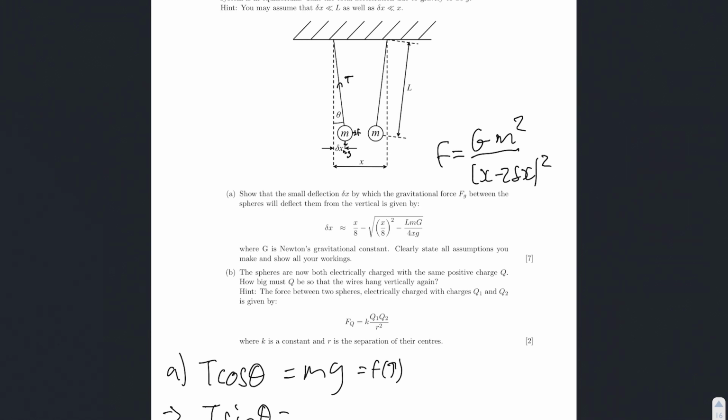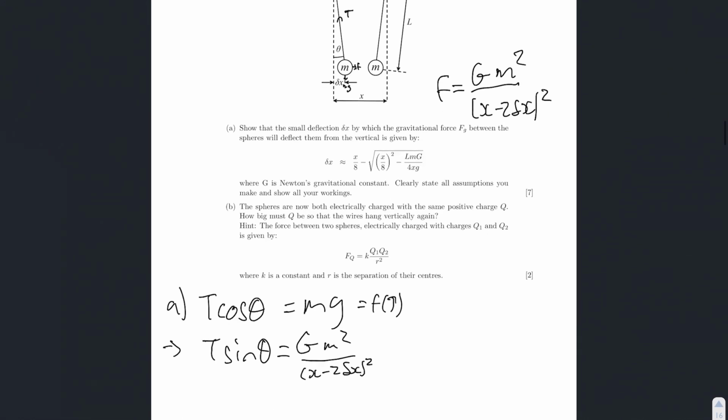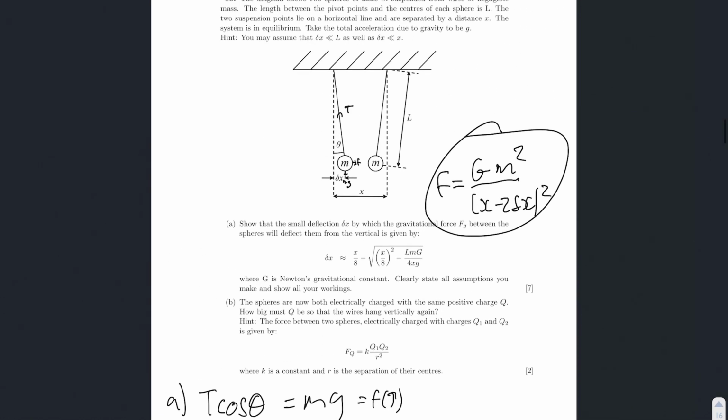So I'm going to say T sine theta equals G m squared over (x minus 2 delta x) squared. This is just Newton's gravitational force formula.